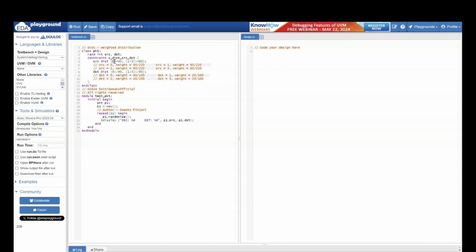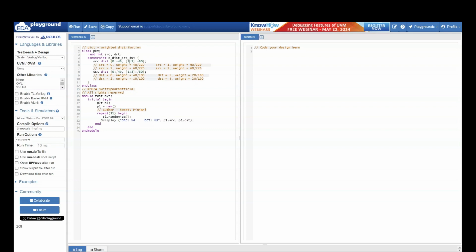Here, 0 is not a range of values, it is a single value. So this 40 will be the weight for 0 value, and 1 to 3, that is 1, 2, 3, these are the three values covered in this range. For this range, whatever values are there, each value will have 60 as weight.